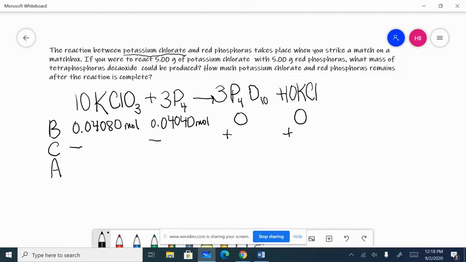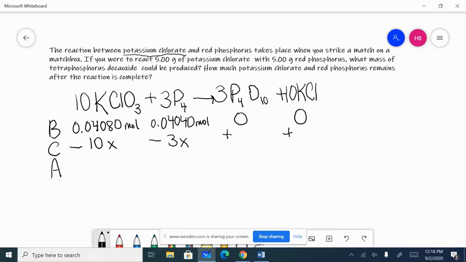Now you might say to yourself, this is going to be a mole ratio of 10:3, and there's about the same quantity of potassium chlorate as there is of red phosphorus. So is that going to be confusing or what? But because of the mole ratio, because it takes 10 times the amount of potassium chlorate and 3 times the amount of red phosphorus, we know we need a lot more potassium chlorate.